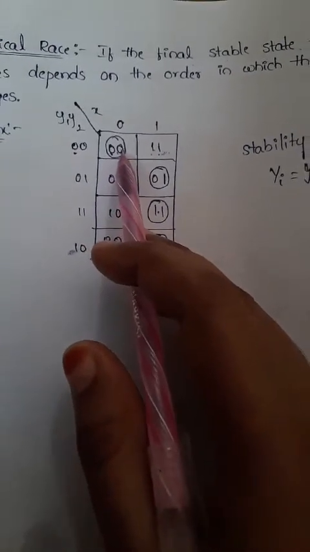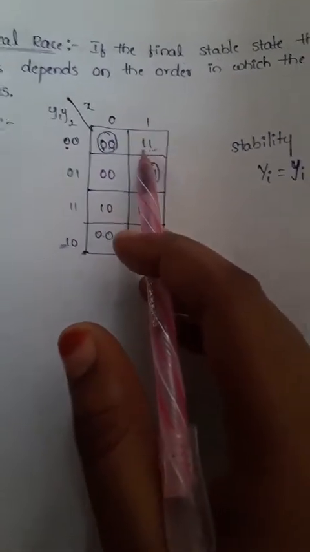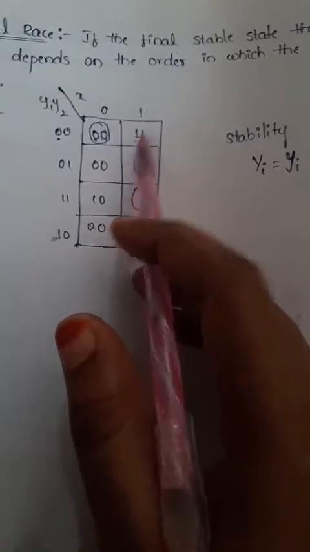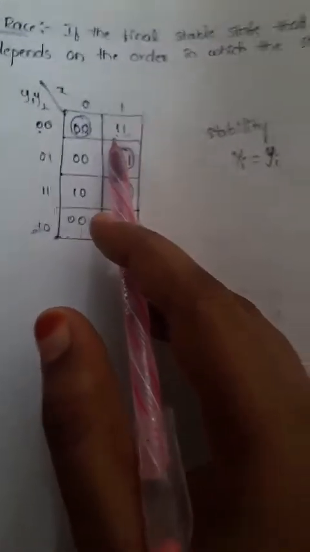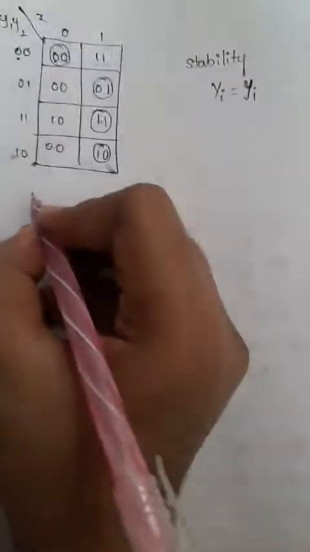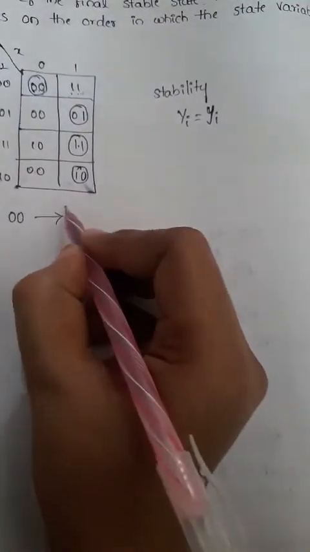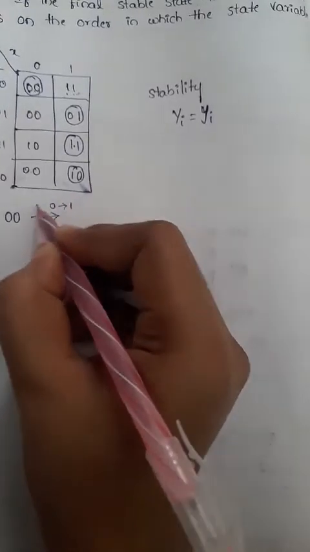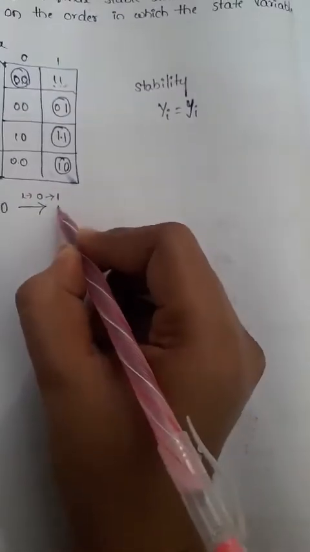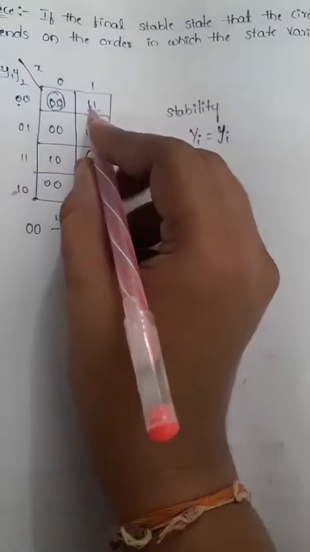So for the input change from 0 to 1, what state are we getting? If the input is changed from 0 to 1, that is nothing but the 1 1 state. Okay, so if the 0 0 stable state changes with the input from 0 to 1, then we'll get the state as 1 1, right?